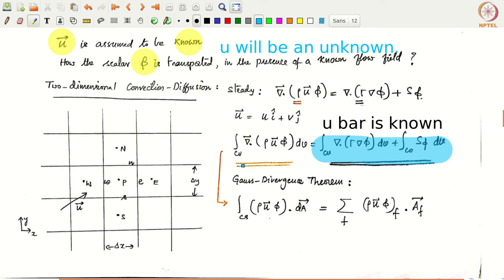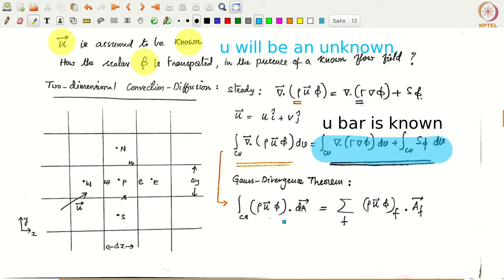We will invoke the Gauss divergence theorem just the way we have done it for the diffusion term. Invoking it, the convection term can be rewritten, instead of a volume integral, as a surface integral of rho u bar phi dot dA bar, where dA bar is now your area vector.